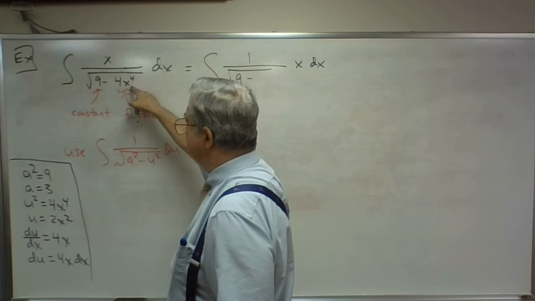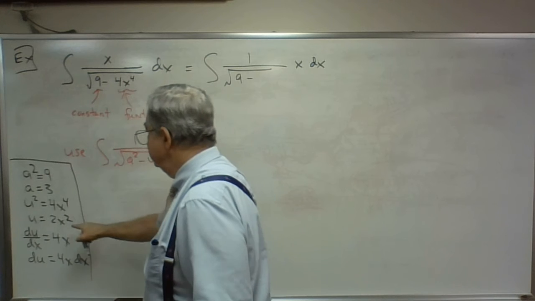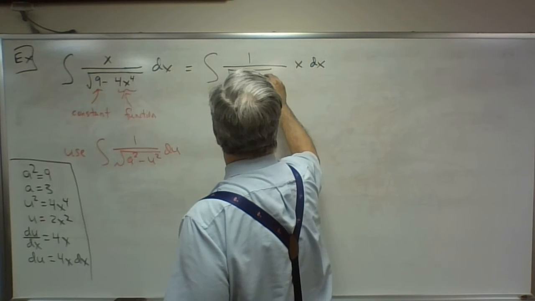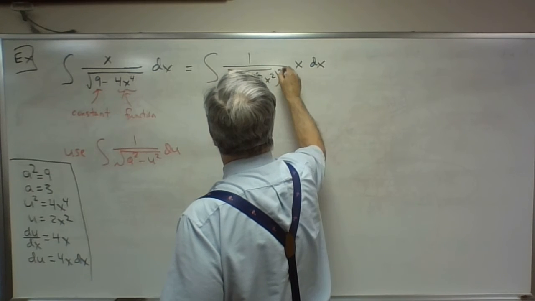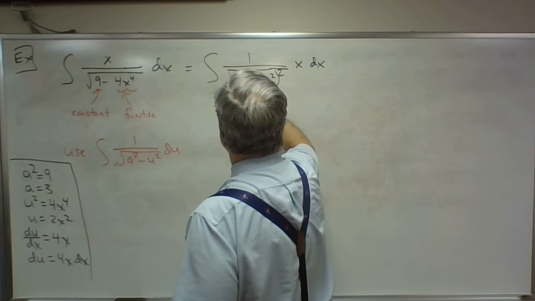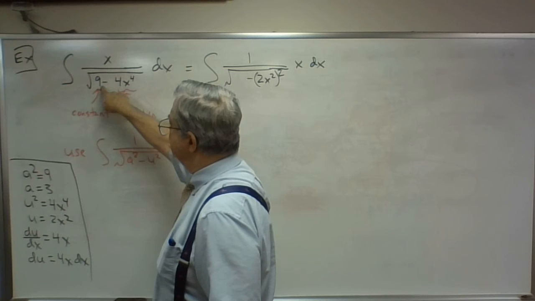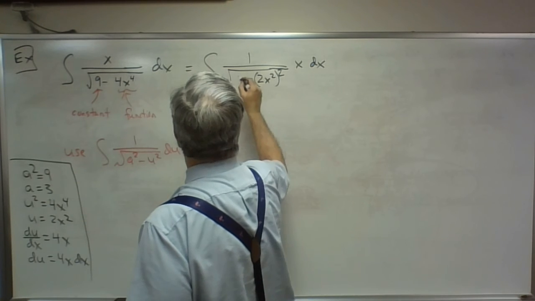This is u squared, which means that u is 2x squared. And this thing is a squared, which means that a is 3.